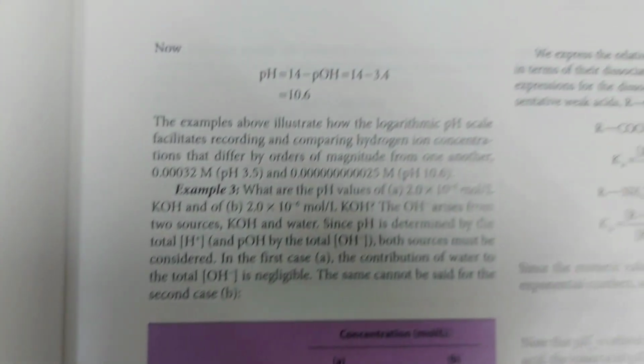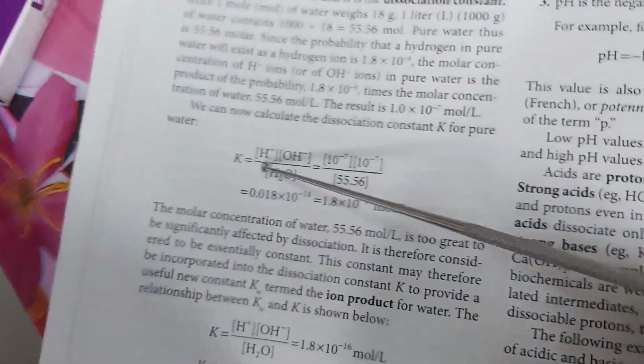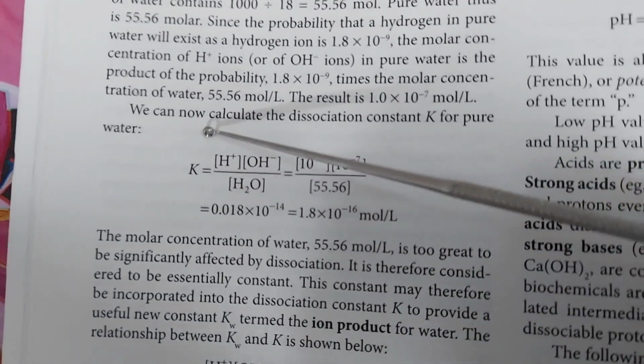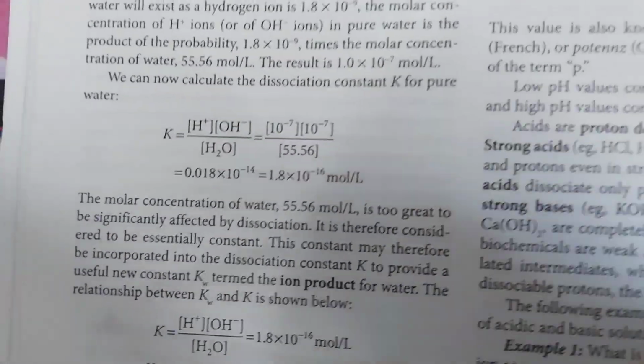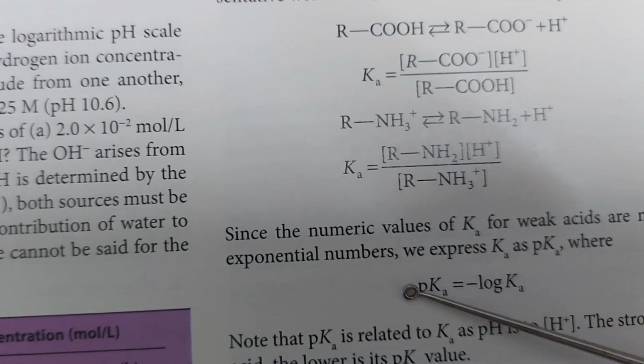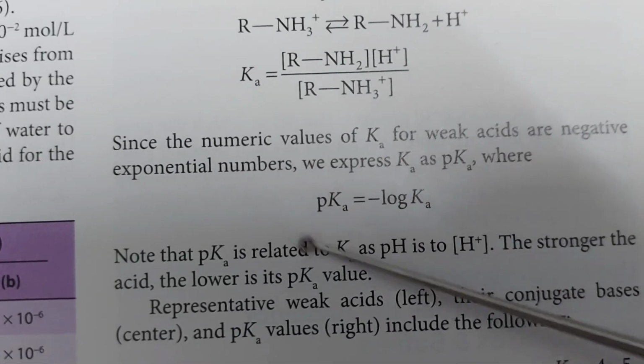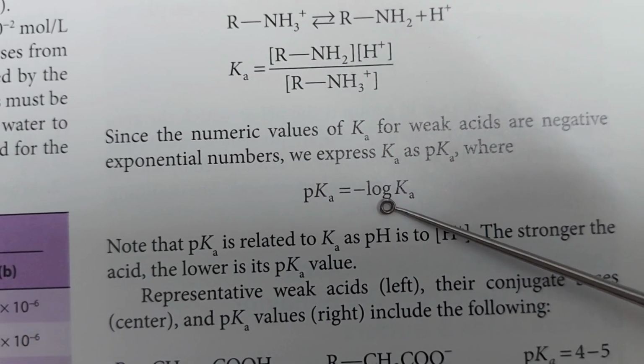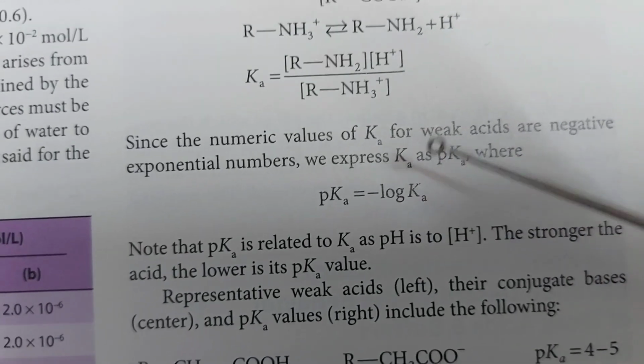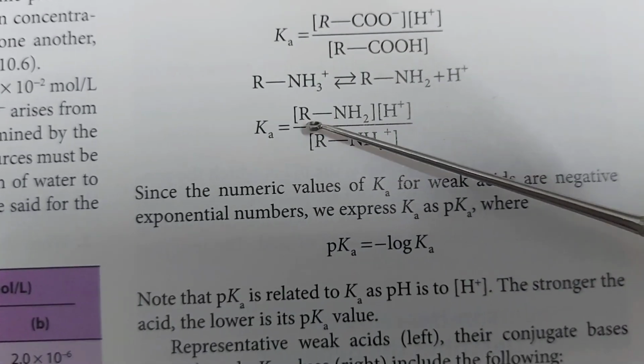The negative logarithm to the base 10 of this dissociation constant is known as the pK. Here we see pKa, which is the minus log of Ka. Ka is nothing but the dissociation constant.